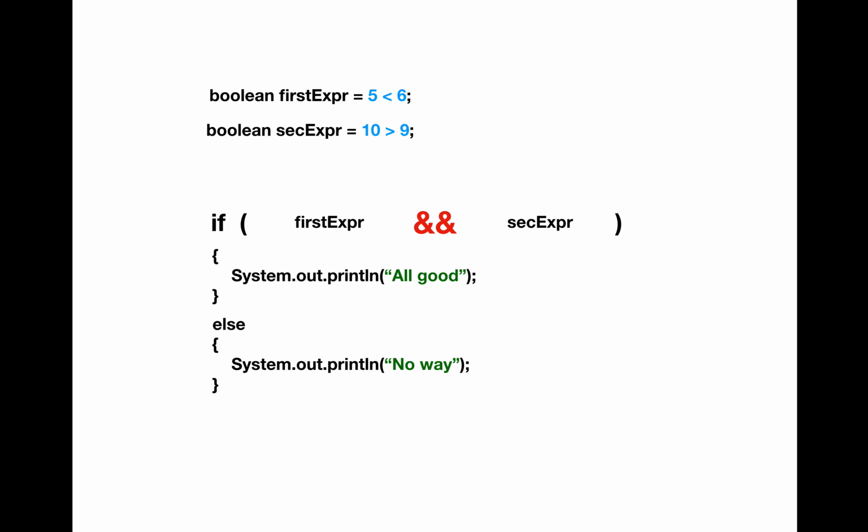You can have two expressions on either side that evaluate to either true or false. Anything that ends up being true or false at some point, whether it's just the words true or false, or some expression that evaluates to true or false, can be put on either side of the and operator and can be used with an if statement to say, do this line, otherwise do this other line.